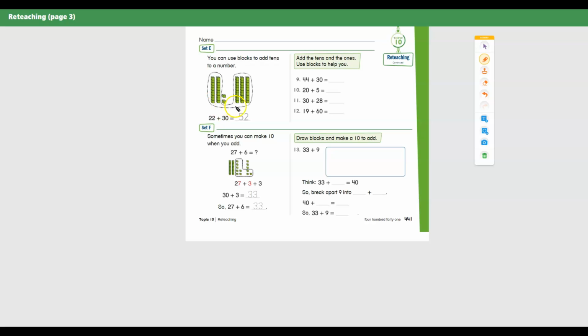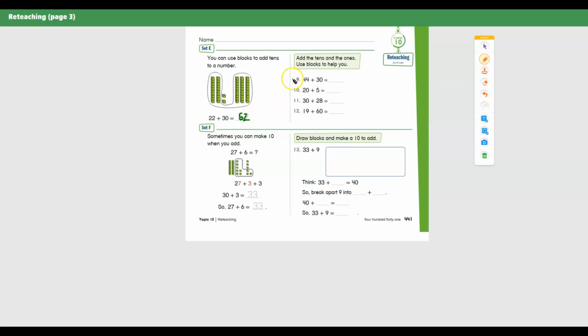They circled all of the tens, which would be 10, 20, 30, 40, 50, and then added the ones, 1, 2. 22 plus 30 is equal to 52.